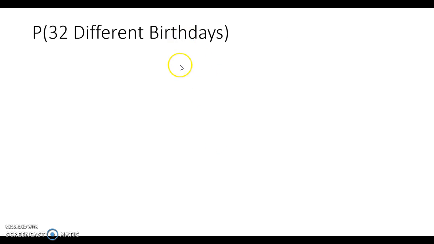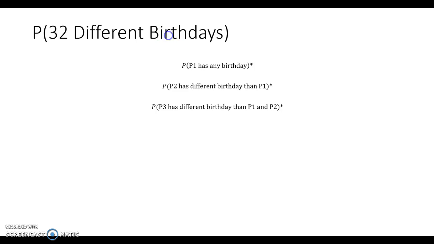So really what we need to compute then is the probability that there are 32 different birthdays. That's the same as saying that person one has a birthday, person two has a different birthday than person one, person three has a different birthday than persons one and two, person four has a different birthday than persons 1 through 3. And because we want all of these events to happen, this is joint probability.